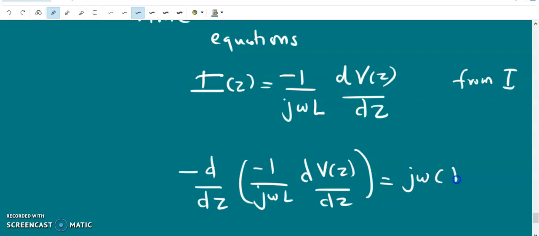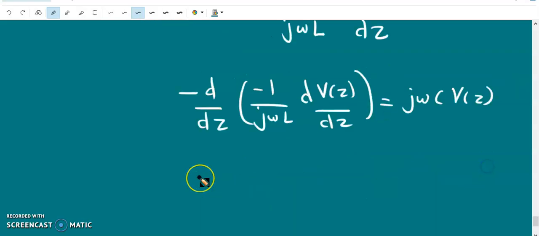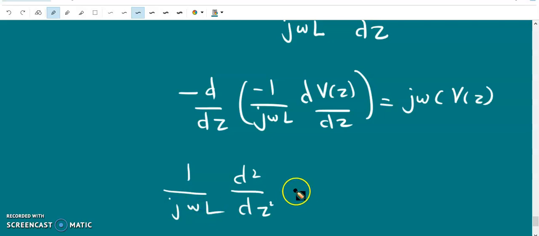Minus into minus is plus, d by dz into d by dz is d square by dz square. And the constants are 1 over j omega L into V of z is equal to j omega C into V of z.